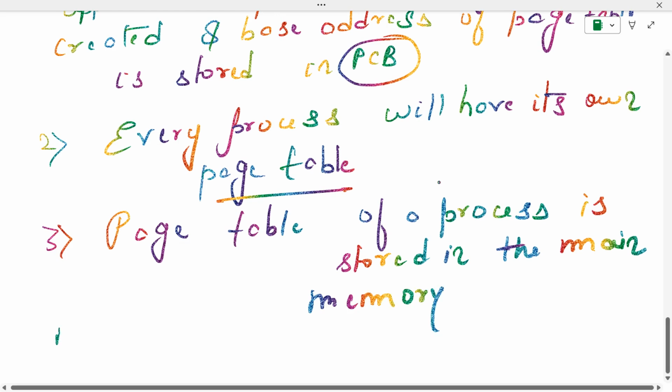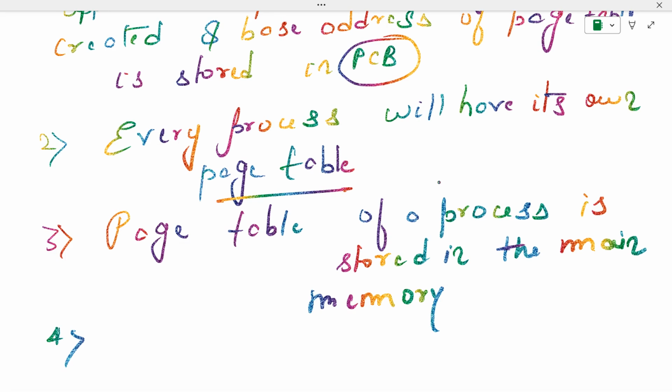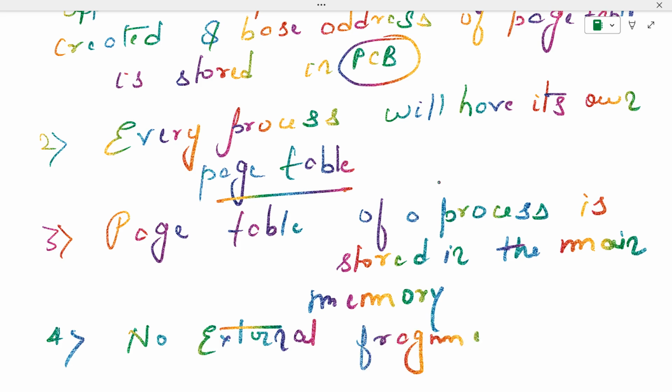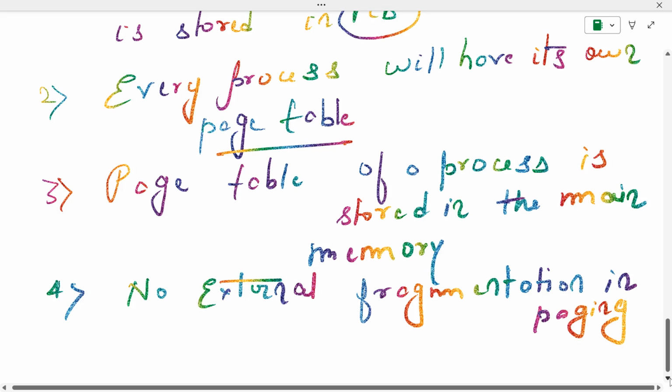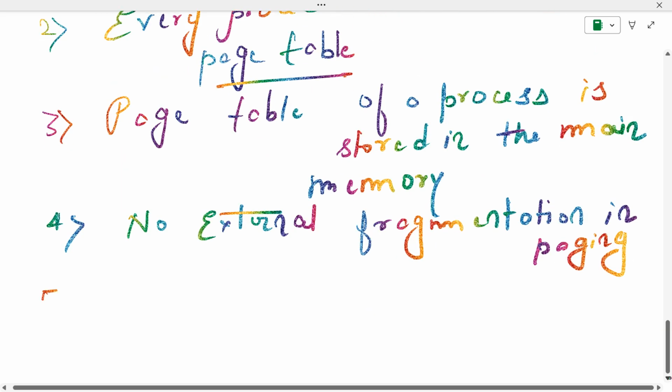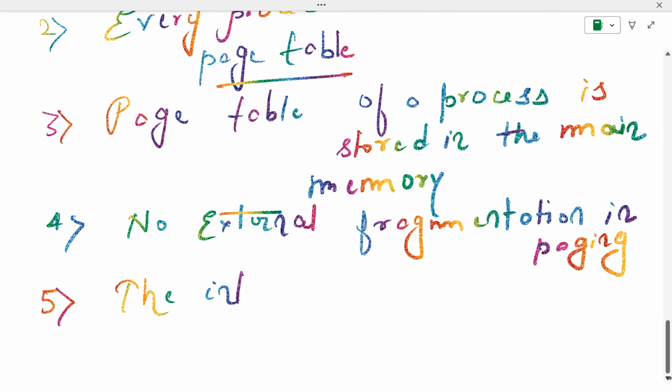Now the fourth point is, there is no external fragmentation in paging, because we have divided the entire memory into equal size pages. But internal fragmentation may exist, and it exists in the last page.